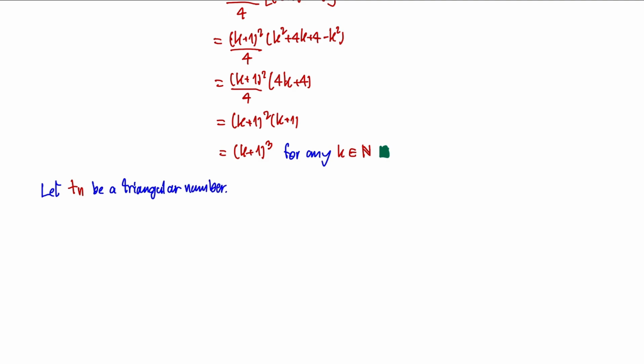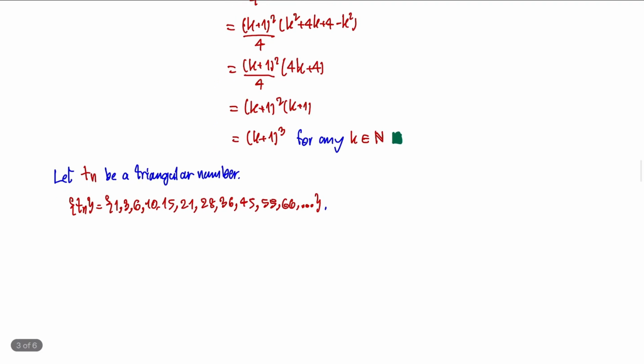Then the sequence of triangular numbers turns out to be 1, 3, 6, 10, 15, 21, 28, 36, 45, 55, 66, all the way, and so on.